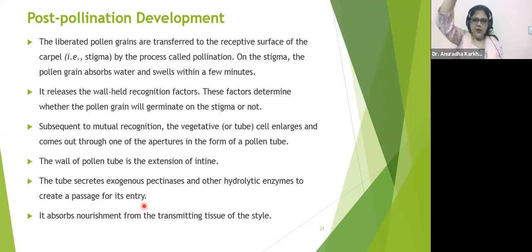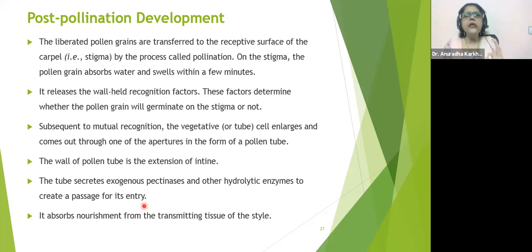From the stigma, that pollen tube will start piercing and entering the style. So it has to dissolve the tissue of the style. The pollen tube will start making pectinase, which will dissolve the pectin present in the style. Got it? And it will keep making its own path.